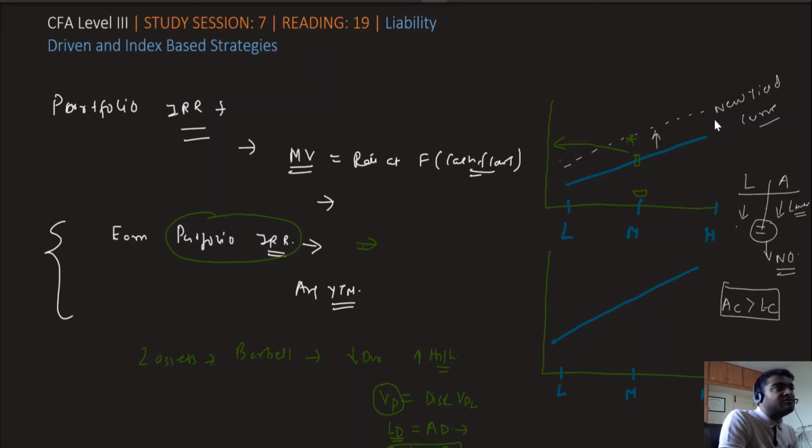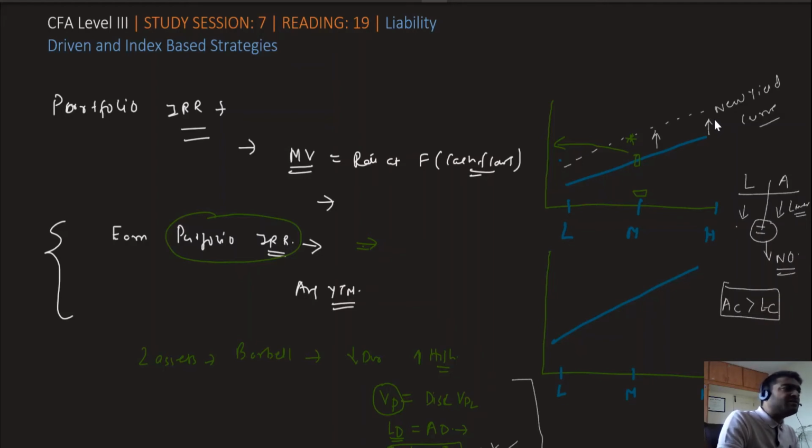At the end of this event, you will have a lower liability to meet than initially, but you will have a relatively slightly higher asset to meet that liability. And that is why it is made sure that, under the conditions of initial immunization, the convexity of the asset is made slightly higher than the convexity of the liabilities.